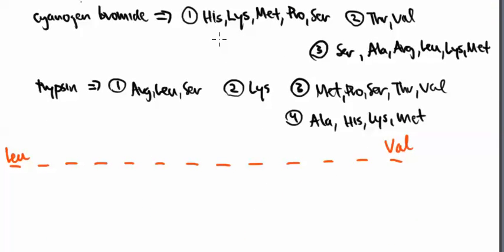Now we get to cyanogen bromide. If you remember, cyanogen bromide focuses on methionine, and it cleaves at the methionine location. So when it cleaved at methionine, I ended up getting 3 fragments in total.